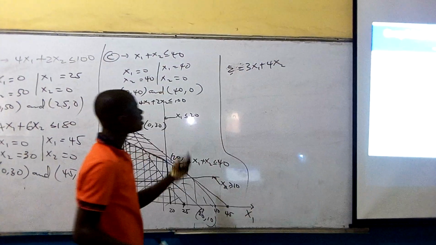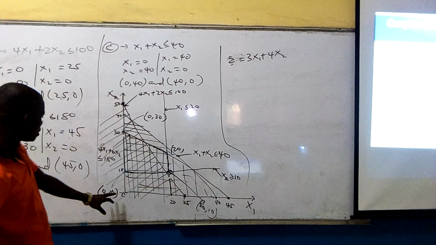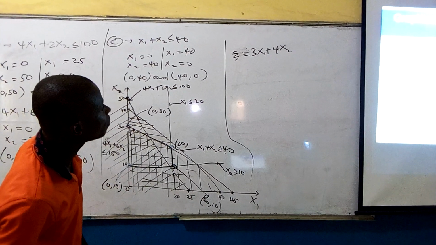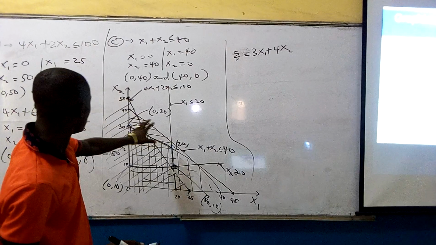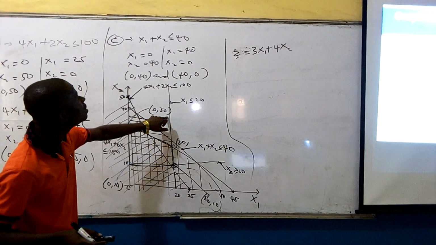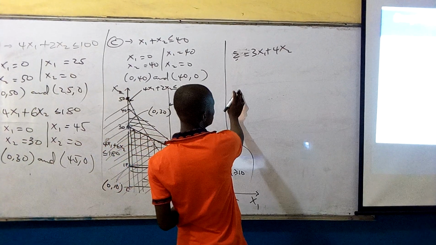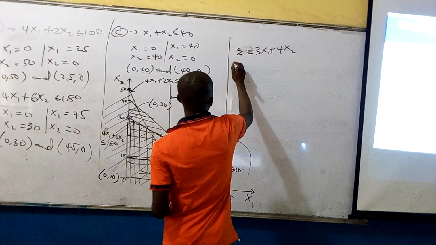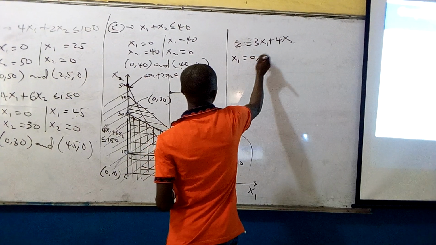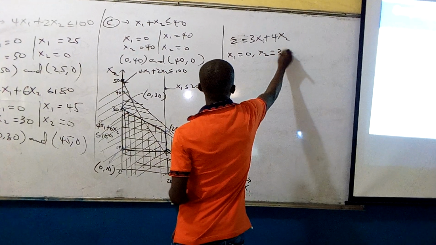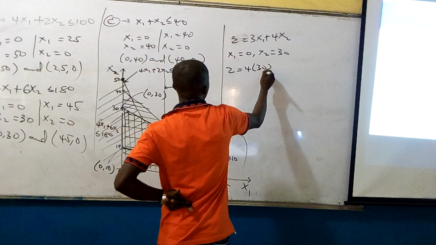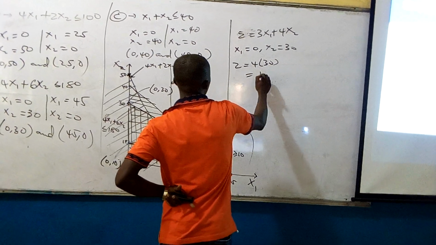So when we make the substitution of all the points, let's see what we have. So we first substitute 0, 30. When x1 is 0, x2 is 30. So we have z equals 4 times 30, and that is 120.